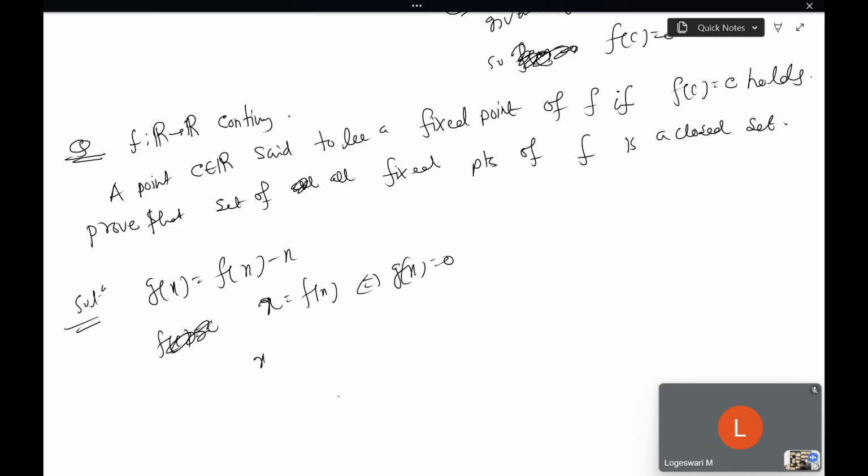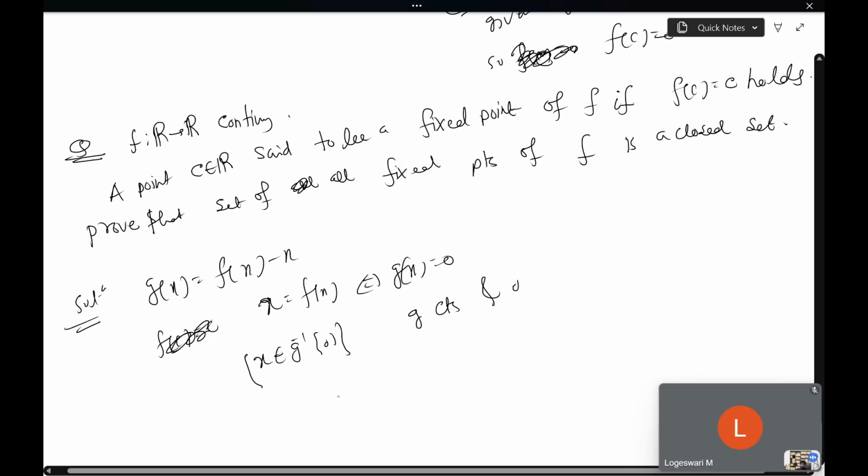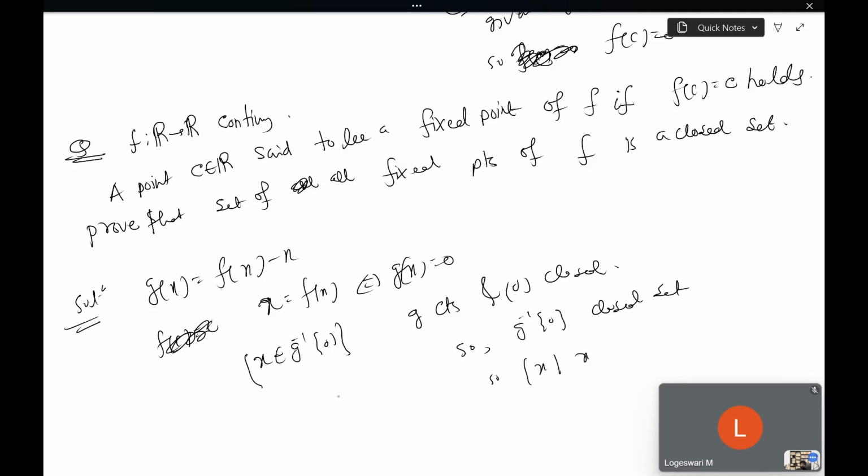We need to find those x such that g(x) belongs to g inverse of 0. Now the point is g is continuous and the singleton 0 is closed. So g inverse of 0 is a closed set. So the set of x such that x equal to f(x) is a closed set. Okay.